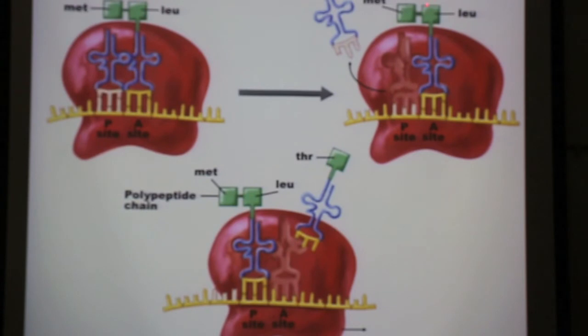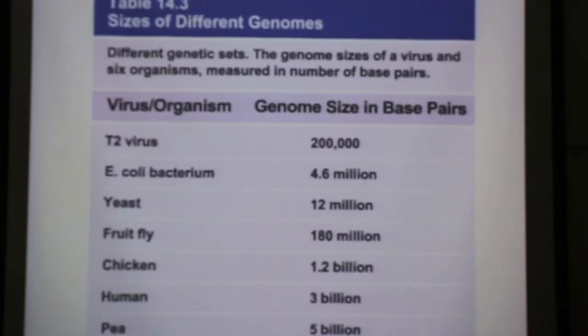And then this whole unit here, the mRNA and the tRNA, the whole thing shifts down one. So what was in the A site all shifts down to the P site, as you see here, and then that opens up the next spot. And once you open the next spot, the next tRNA can come in, and then you repeat the process once again till you get to the end.